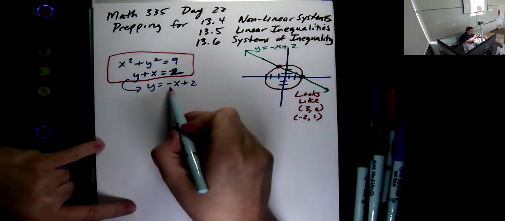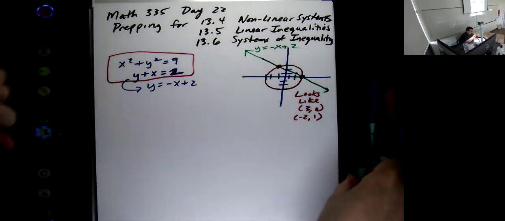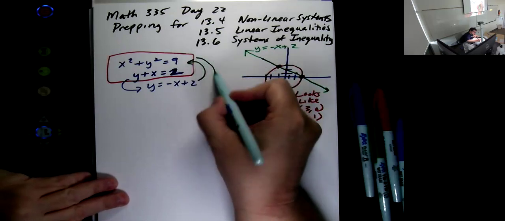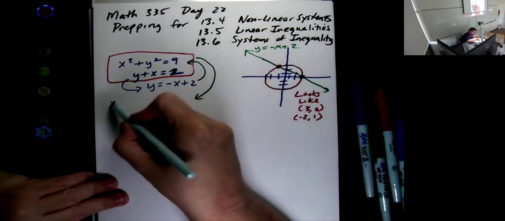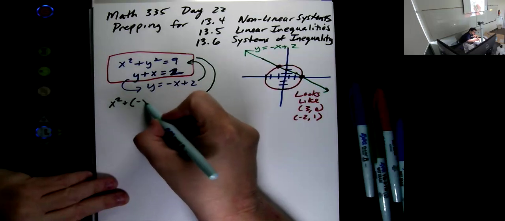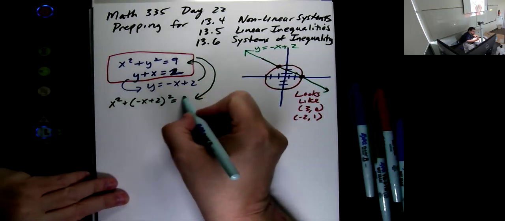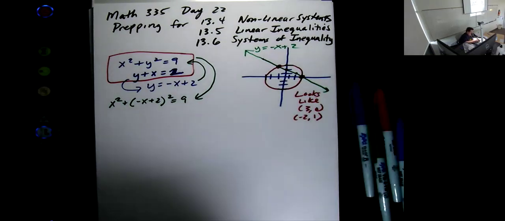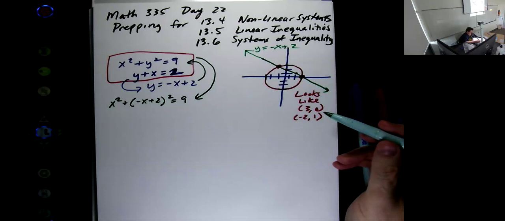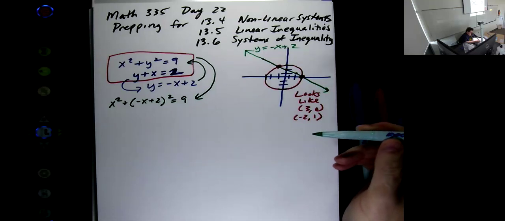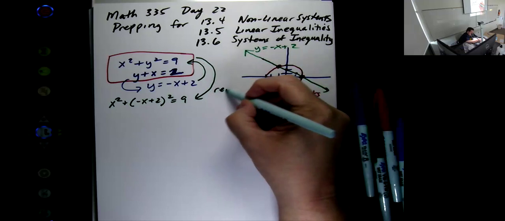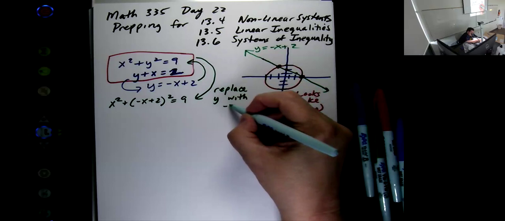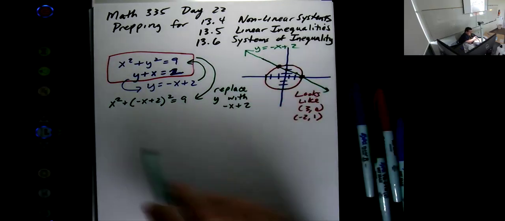By solving for y, I can plug this in for y up here, and I get x squared plus (negative x plus 2) squared equals 9. So I just replace y with negative x plus 2, and use parentheses, because the square needs to hit the whole thing.